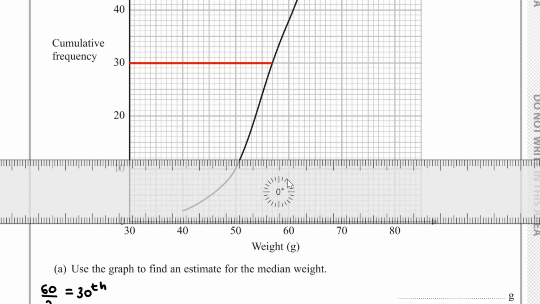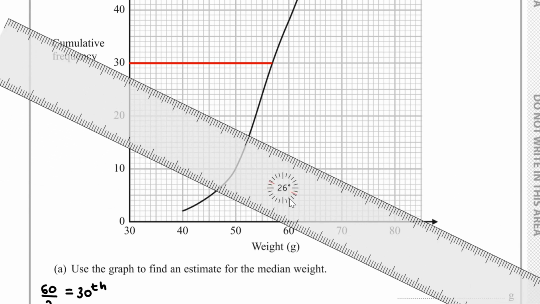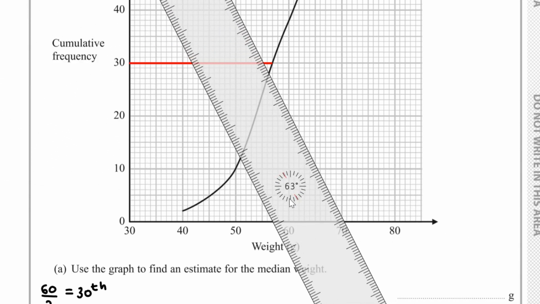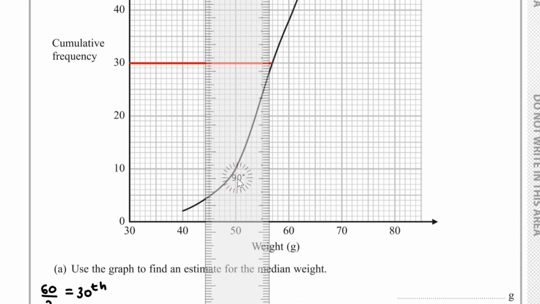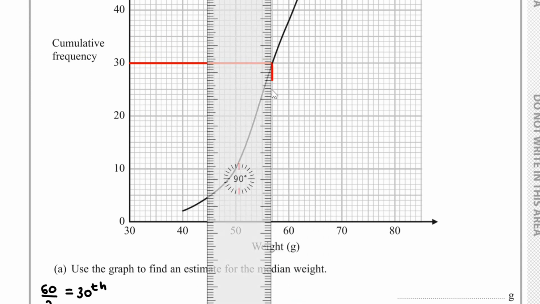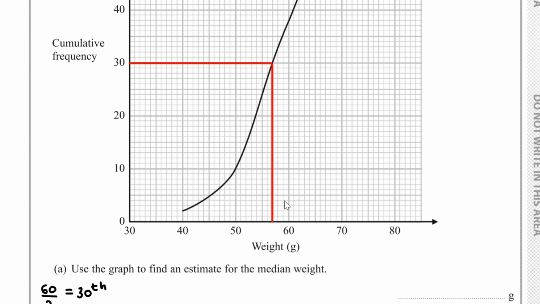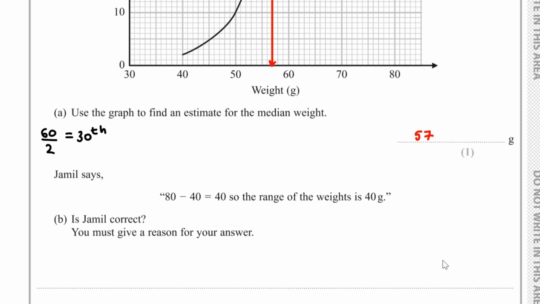And if we find out the corresponding weight of this, then we've got here 57 grams for the median weight.